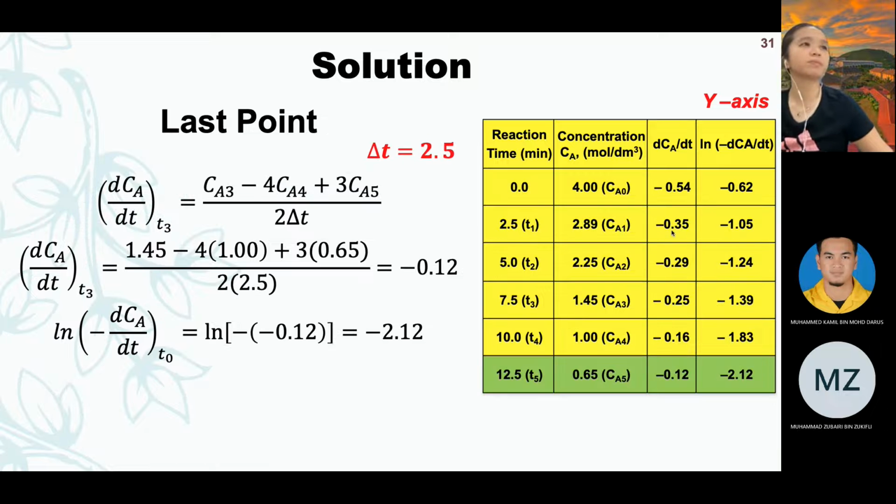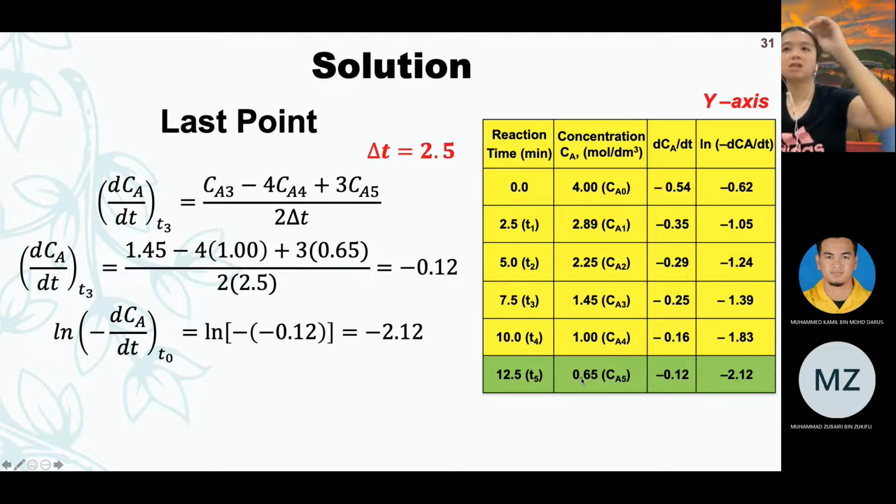And lastly, the last point is to calculate the very last dCA per dt, of which you will then see you have to choose 3 concentration in sequence. Okay, the 3 concentration is the very last 3 concentration. That's why jadi formula dia dCA per dt equals to 1.45 minus 4 times 1 plus 3 times 0.65.